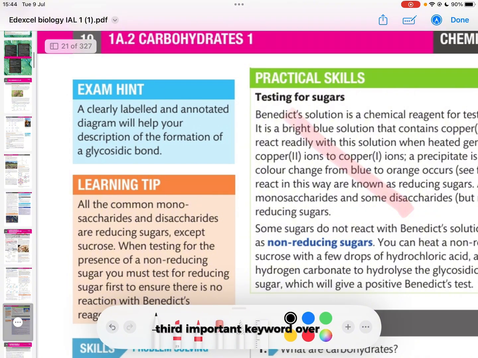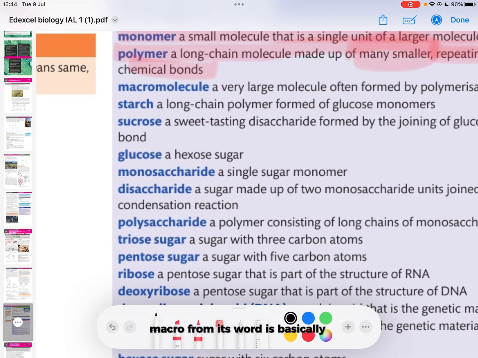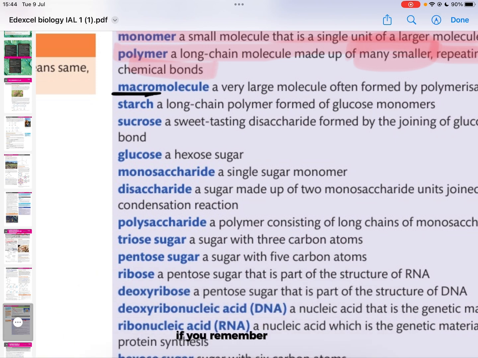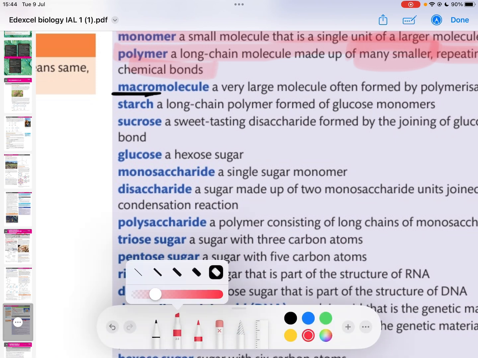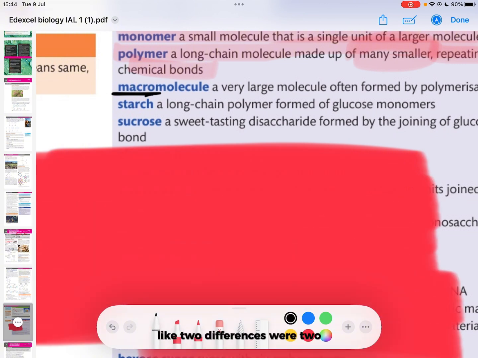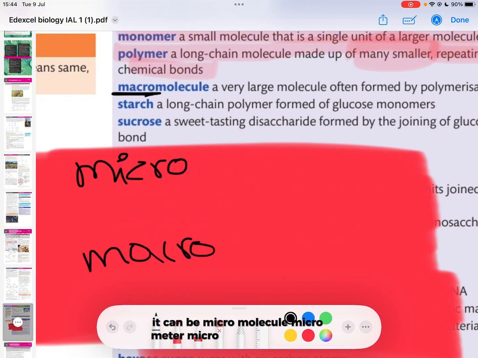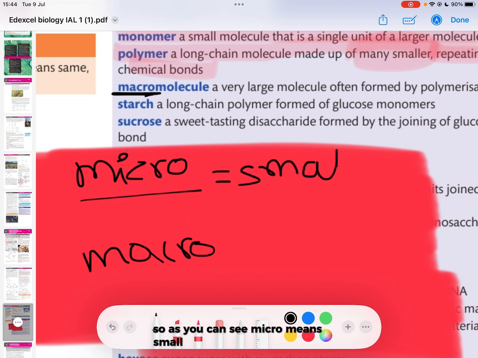The third important keyword over here is the word macromolecule. Macro is basically large. If you remember, in O level we discussed two opposite words: micro and macro. It can be micromolecule, micrometer, microscope. As you can see, micro means small, while macro means large.